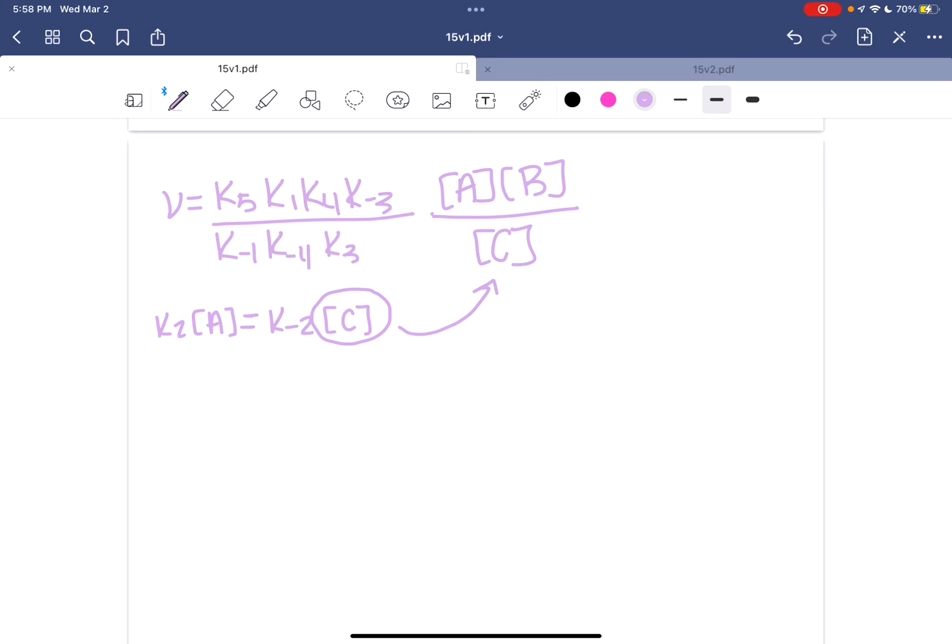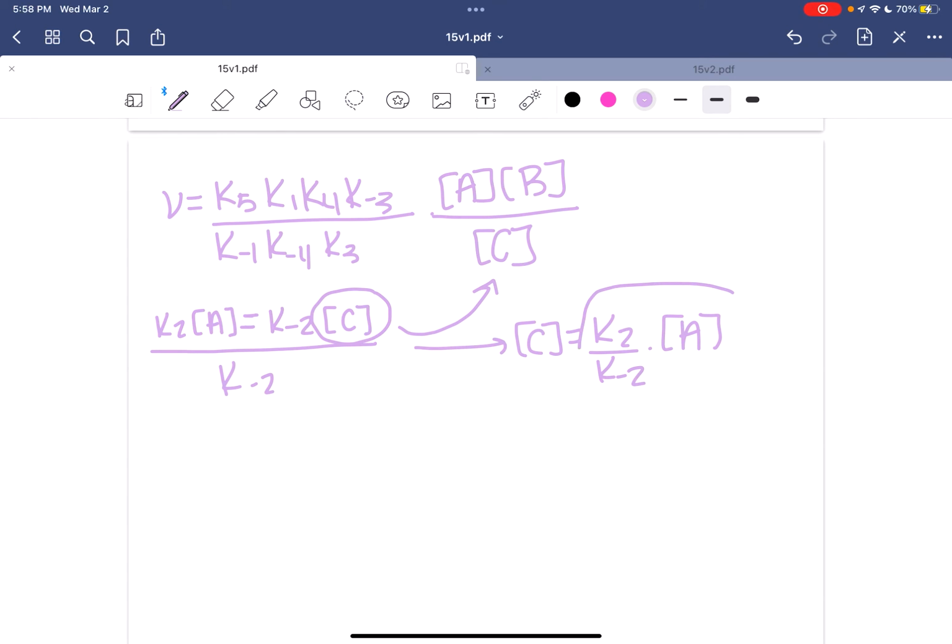So just like previously, to isolate C on one side, we're going to divide both sides by K minus 2, and that gives us the concentration of C equal to K2 over K minus 2 times the concentration of A.